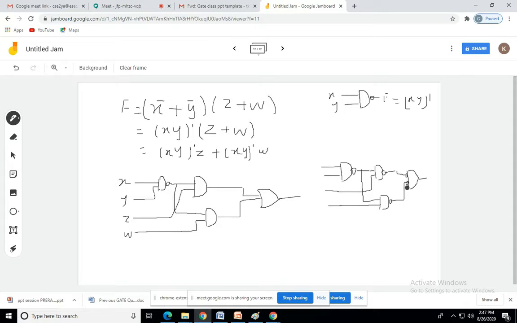After including the bubbles, we have to check the input lines. Double circles mean it is compensated. So here it is having a double circle, it is compensated, no problem.